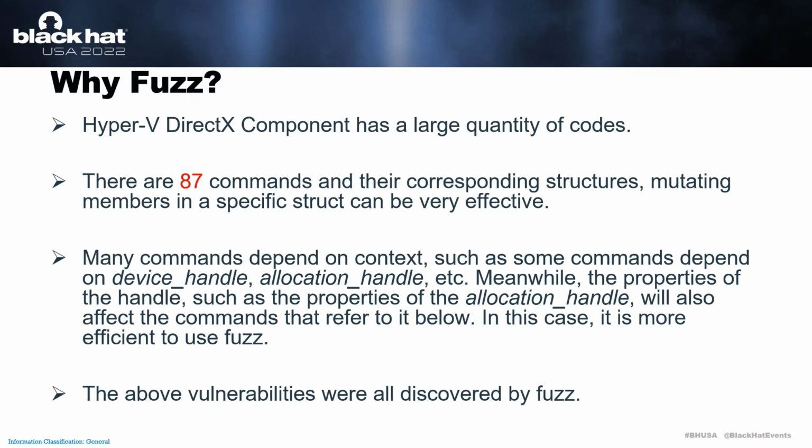And many commands depend on context, such as device handle or allocation handle. Meanwhile, the properties of a handle, such as the properties of the allocation handle, will also affect the commands that refer to it below. In this case, it is more efficient to use fuzzing, and the above vulnerabilities were all discovered by fuzzing.